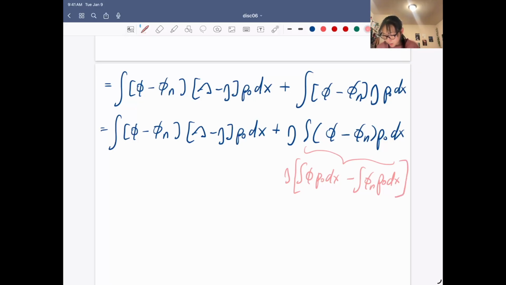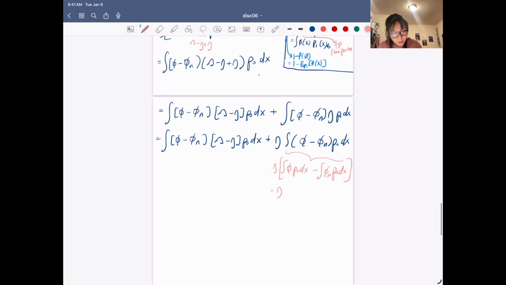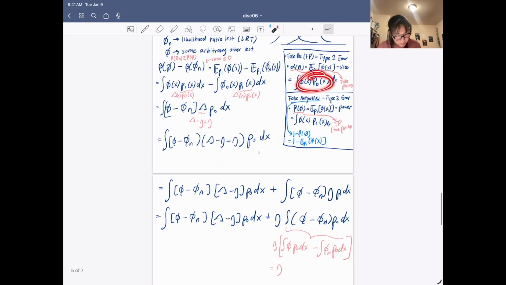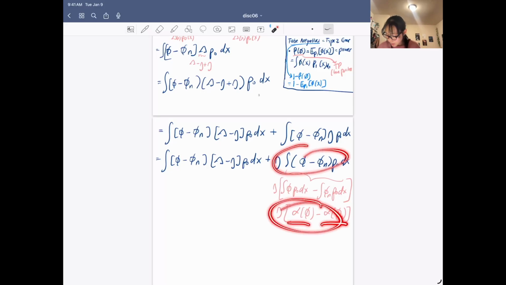And that's really nice because this is basically equivalent to ida times, and notice how this looks exactly like alpha, which is size. So this is going to be alpha phi minus alpha of phi n, just by the definition of what alpha is. So this whole thing can be basically condensed to that.